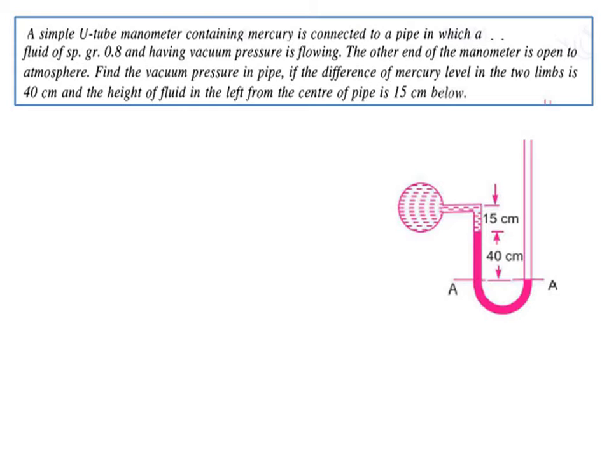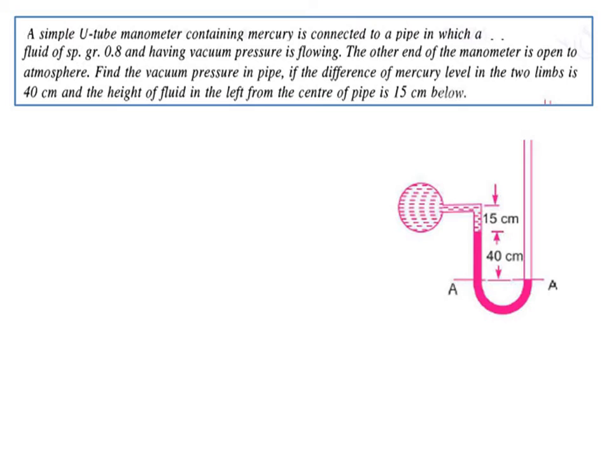Find the vacuum pressure in the pipe if the difference of mercury level in the two limbs is 40 cm and the center of the pipe is 15 cm below the fluid level in the left limb. So the mercury level difference between the left and right column is 40 cm, but the rise in mercury level is only in the left column, and the height of fluid is 15 cm.